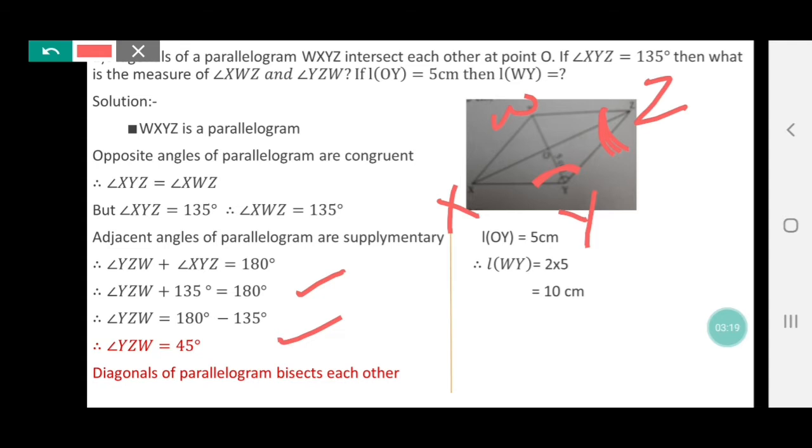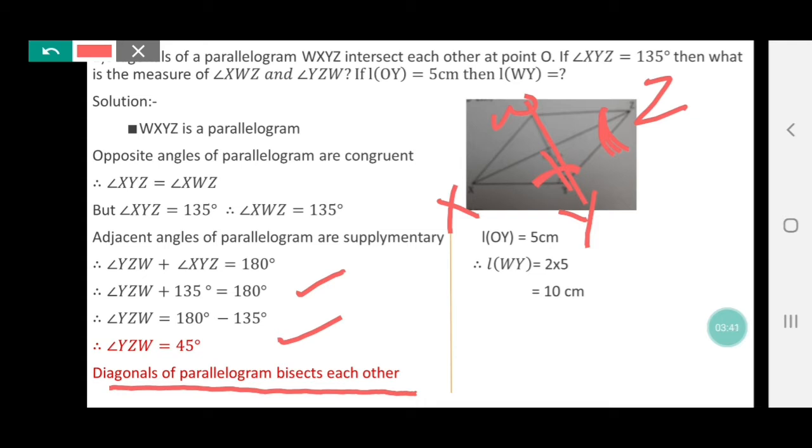Now the third part. We have been given OY, the point of intersection till Y. The measure is given as 5 centimeters, and we are supposed to calculate WY. We all know that diagonals of a parallelogram bisect each other, meaning they divide into two equal parts.